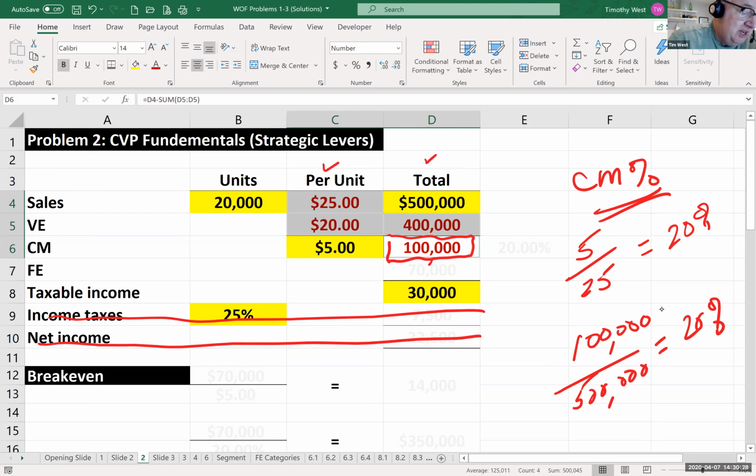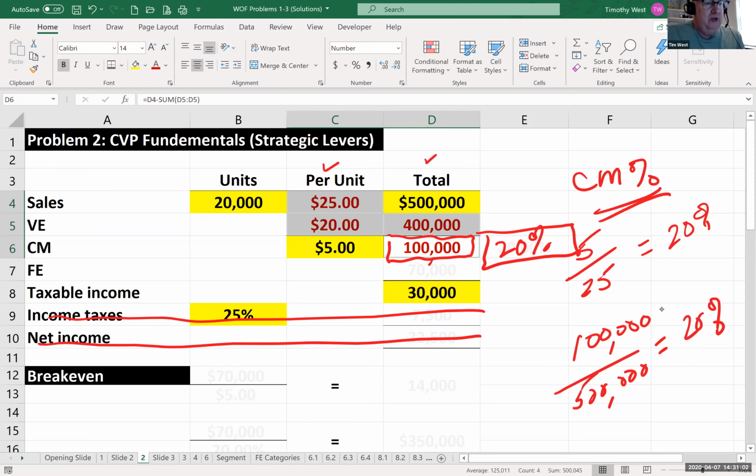So my contribution margin percentage is 20%. Matt, do you remember the little story I tell about it? What does it mean? Out of every dollar, I get 20 cents in contribution margin, right? Because I've got to cover those variable expenses first, and that's what's left. That 20% is what's left to first cover my fixed expenses and then go to profitability. That's why that 20% is important.